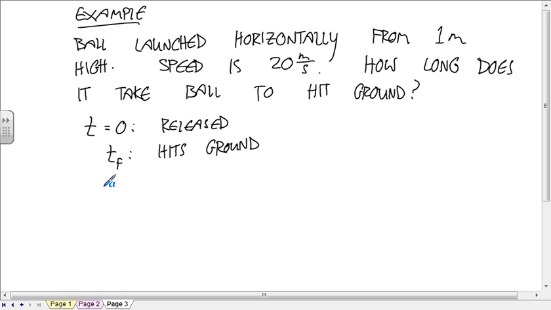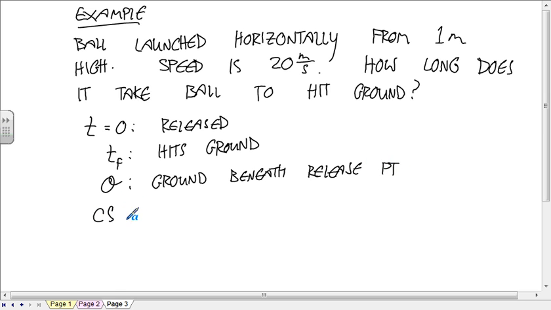The origin I'm going to put on the ground beneath the release. And the coordinate system is going to have the y-axis up, x-axis horizontal in the direction of motion.